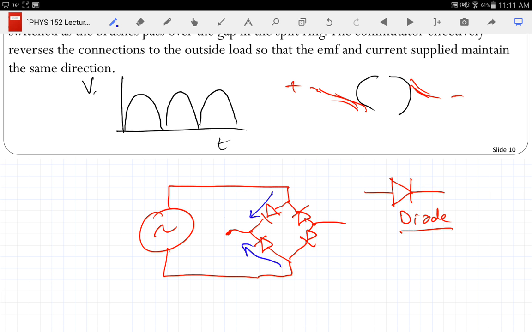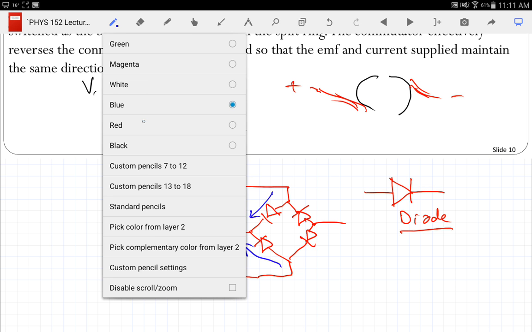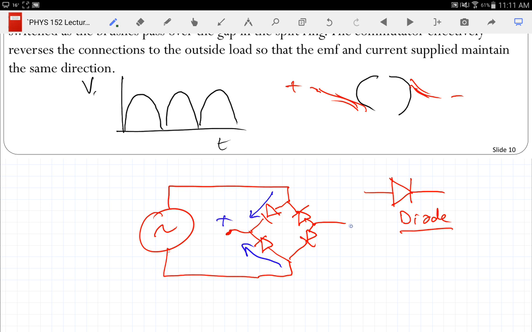So it turns out this side will always be the positive side. And the counter to that then is the other side is always the negative side. And so using those diodes that are just one-directional switches for electricity, you can make it so you, without having a split ring, have a DC generator.